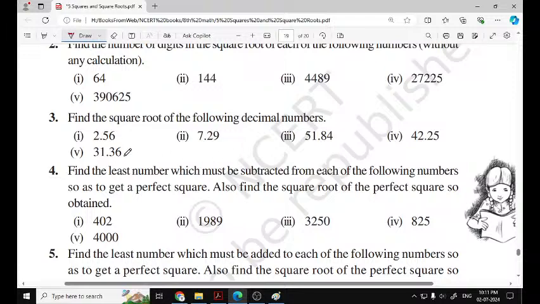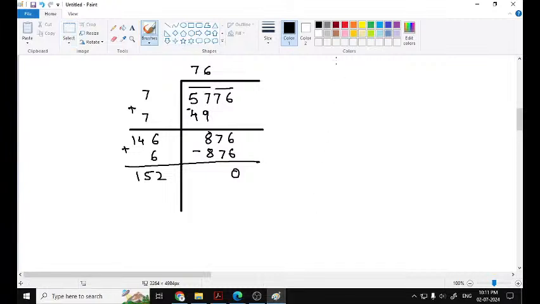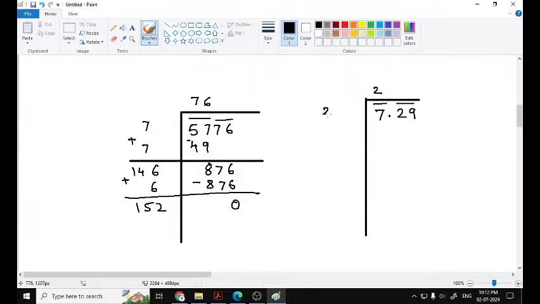Let us find the square root of 7.29. Start making periods from the place of the decimal point in both directions. The perfect square closer to and smaller than 7 is 4, and it is the square of 2. 2 plus 2 is 4 and 2 into 2 is also 4.